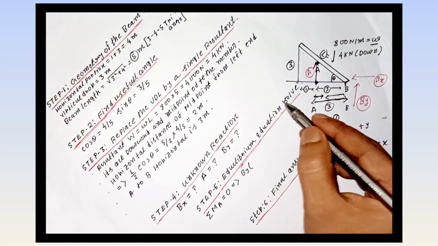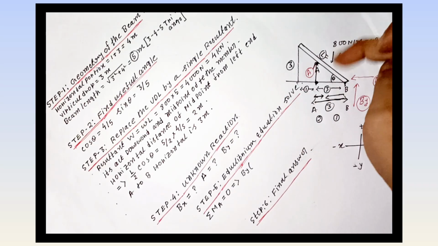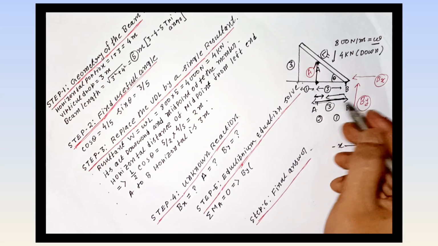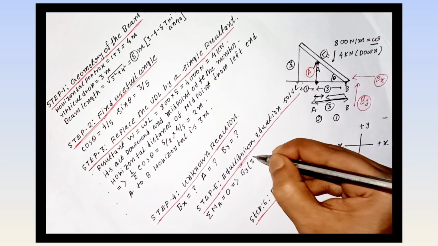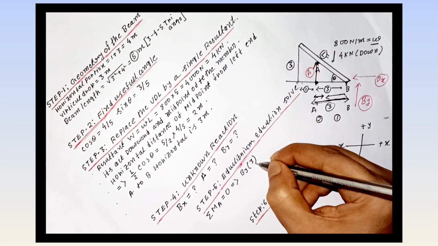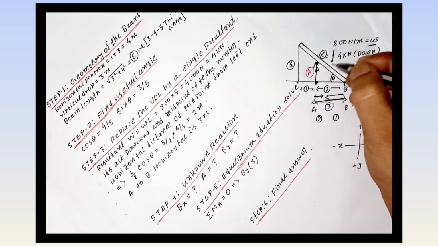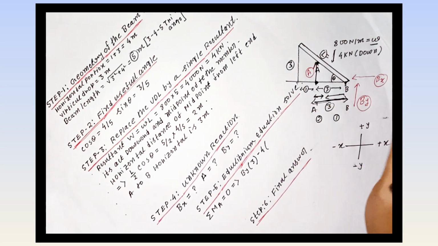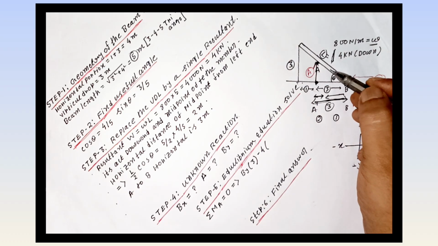Perpendicular distance. What is the perpendicular distance? 3. Not 4, because the 4 kilonewton force acts there already. That's why 3. By into 3. Minus 4 kilonewton. The 4 kilonewton is downward, negative y axis. Negative, downward.